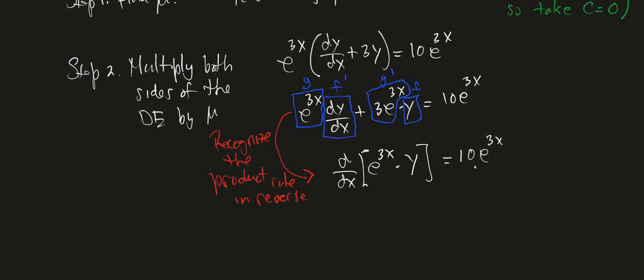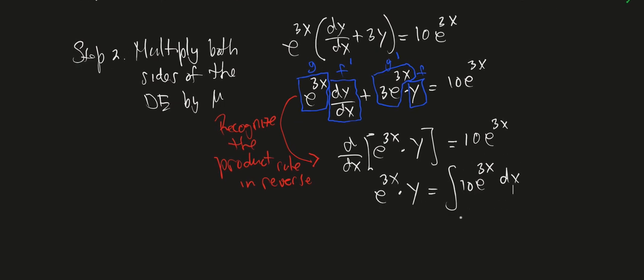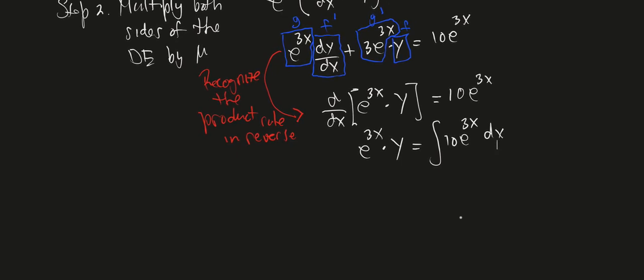So integrating both sides, I would get rid of the derivative, but then I'd have to find the antiderivative on this side. So we have e^(3x) times y equal to the antiderivative of 10e^(3x) dx. Let's evaluate this, and this is where we'll need our plus c in order to get our general solution.